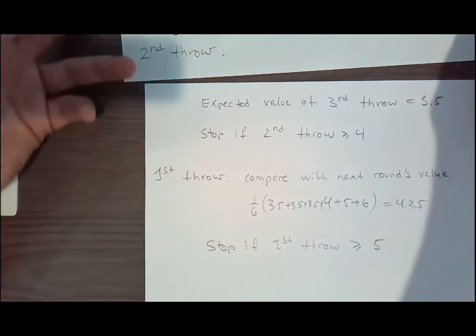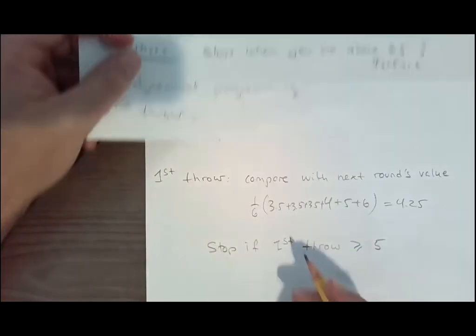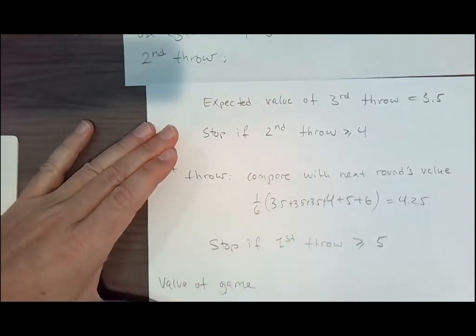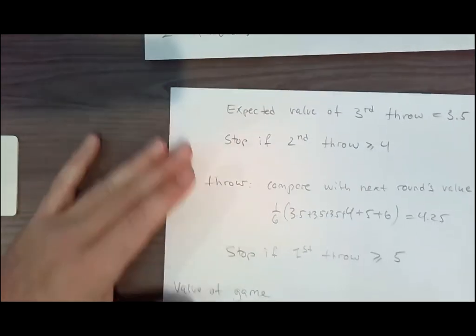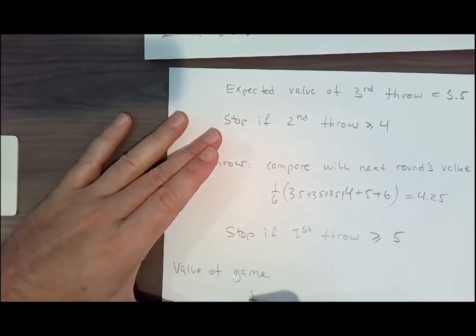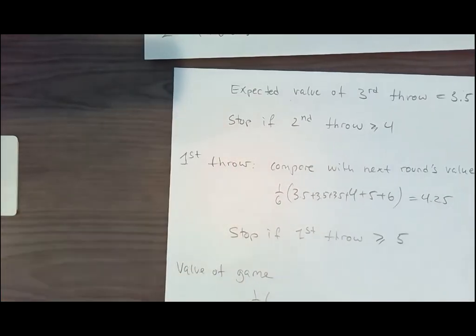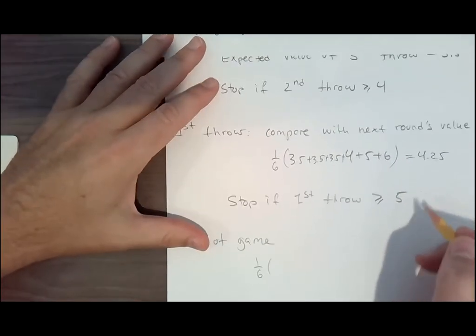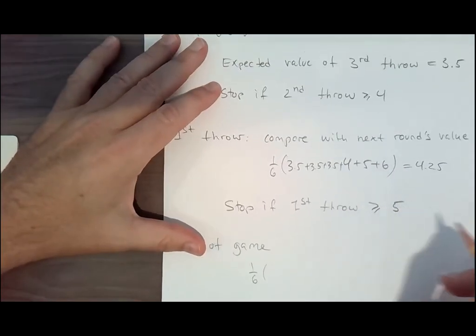And of course, this is when do you stop? And also, what do you want to pay for this game? Right? So the value of the game. What would it be? Well, you'll have again 6 options. I can roll 1, 2, 3, 4, 5, 6.